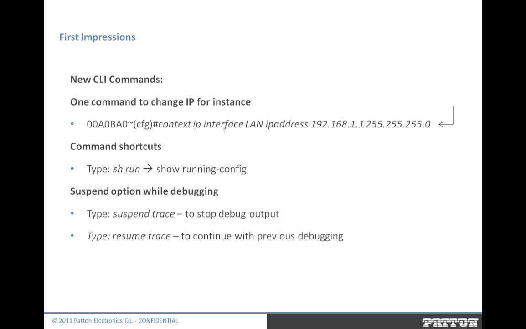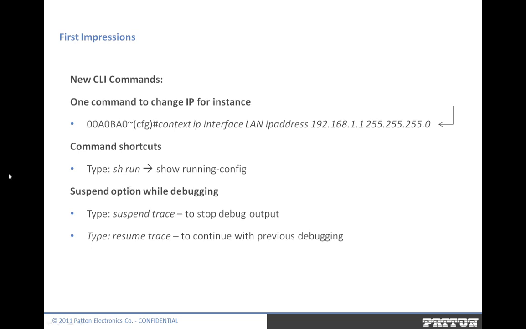For instance, if you're running a debug log, which gives you a lot of output on the screen, you can just hit suspend trace and it will stop the debug output. You can do some modifications on the unit, and once this is done, you can do a resume trace, which means it will continue with the debugging output on that CLI window.